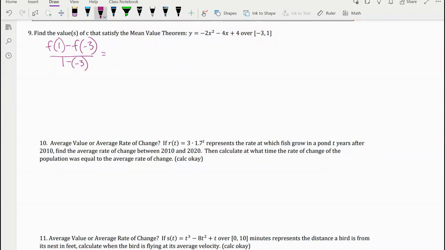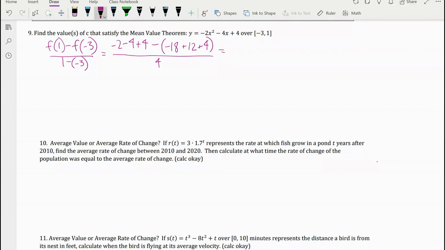If I plug in 1, I get negative 2 minus 4 plus 4. If I plug in negative 3, I get negative 2 times 9 plus 12 plus 4. And then 1 minus negative 3, 1 plus 3 is 4.